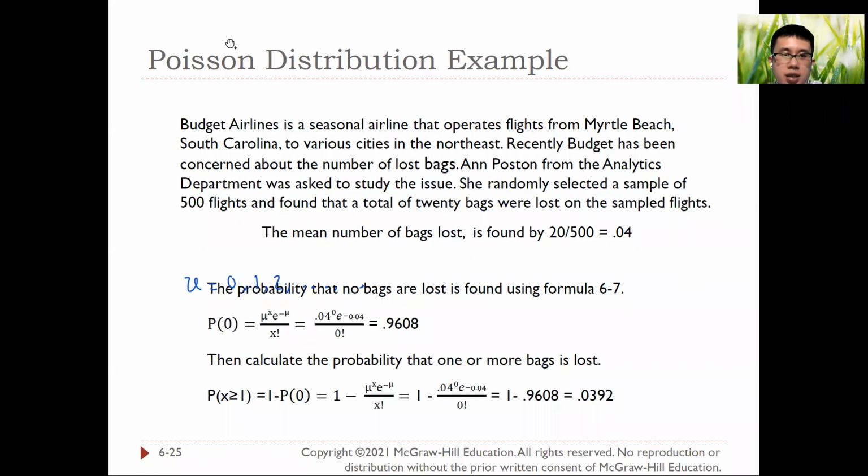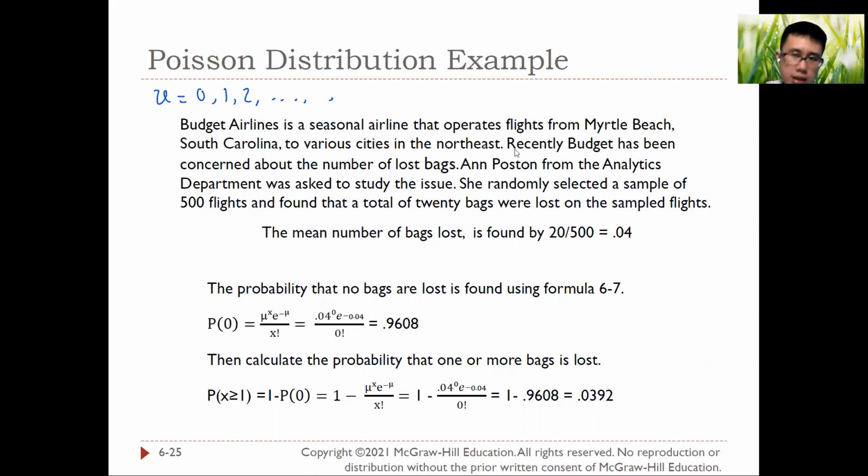Let me see an example of Poisson distribution. In this case, an airline called Budget Airlines operates flights from Myrtle Beach.